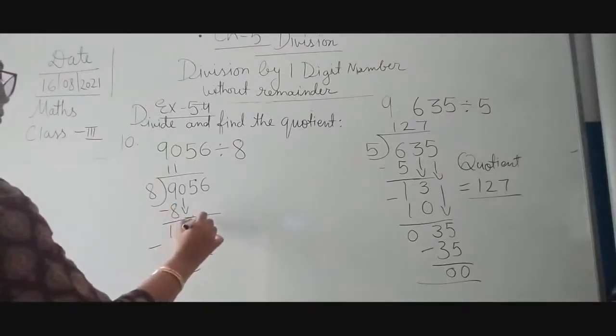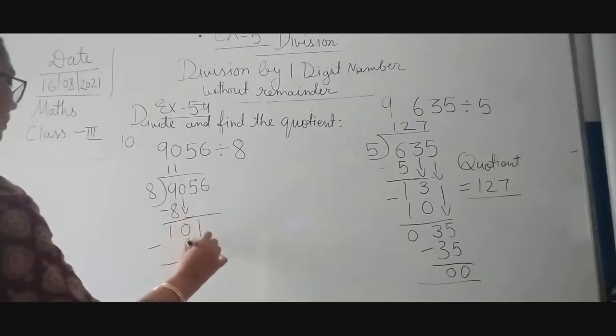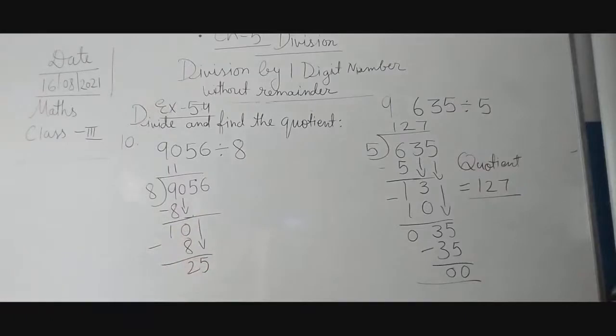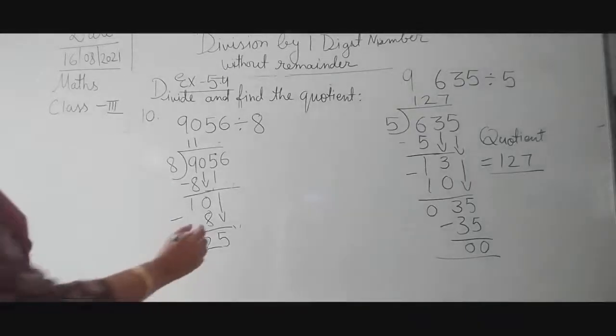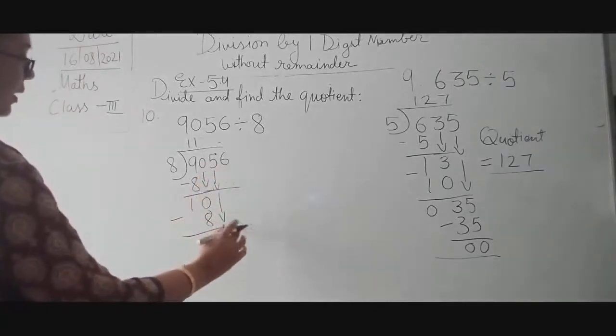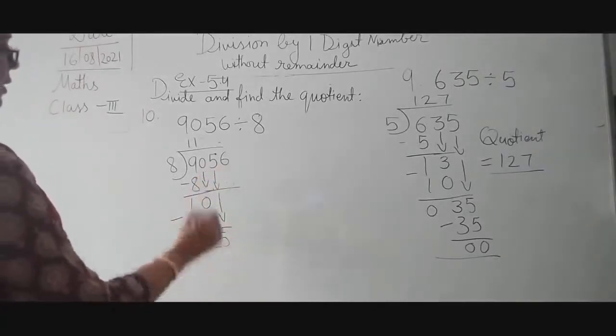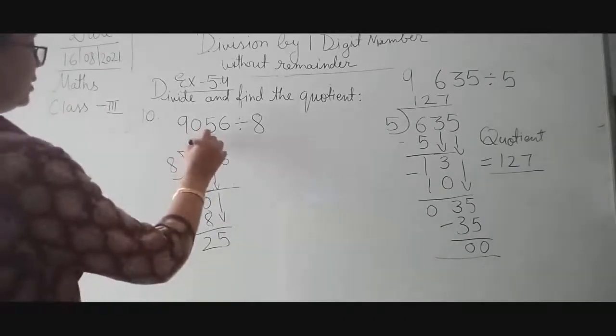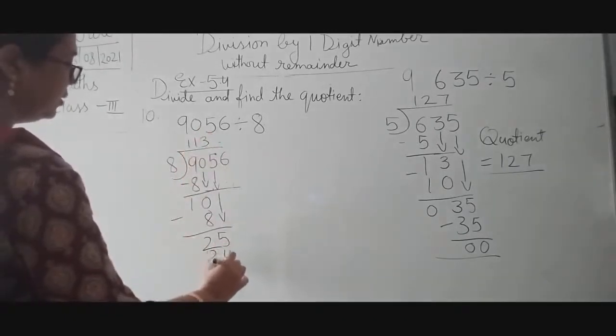Now here we will write 5. Now children, 25 we will get over here because this 5 will get down. So 25. 8 ones are 8, 8 twos are 16, 8 threes are 24 children.